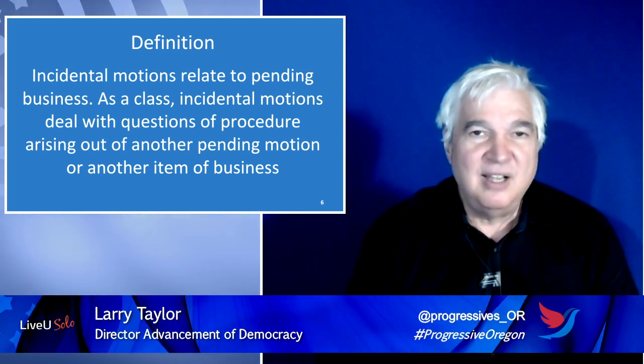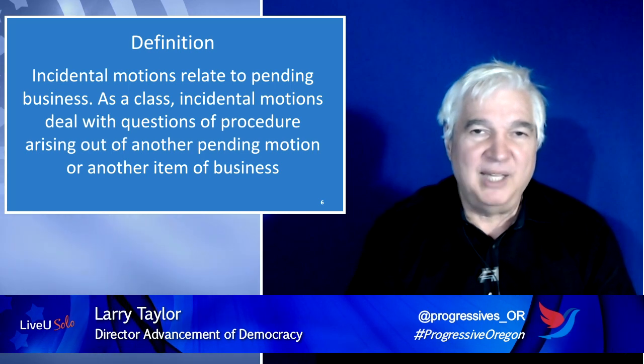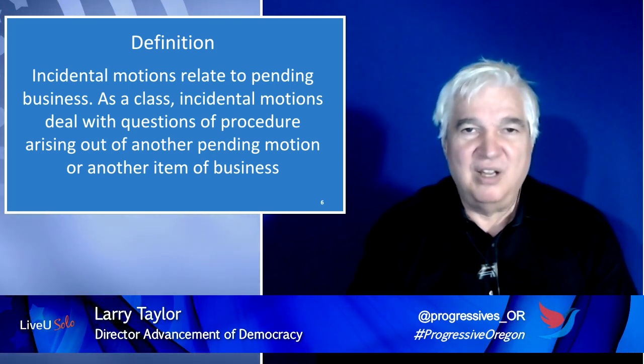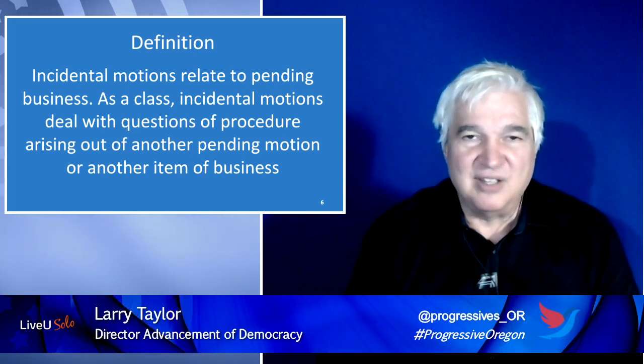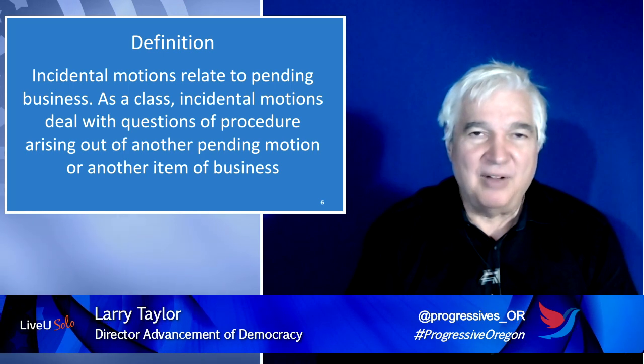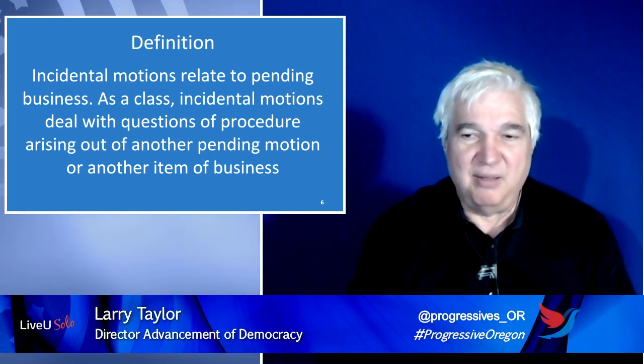What we usually see when people use one of these motions is a bunch of eye rolling, because they think that you're just trying to delay whatever it is that they need to get to after the meeting. But really, these are about ensuring your democratic role is protected within the meeting.